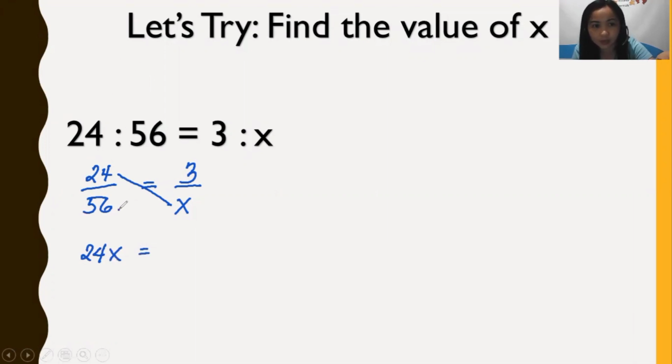equals 56 times 3 is 168. Now, nahanap lang natin si x, hindi si 24x. So what we need to do is to divide both sides by 24.